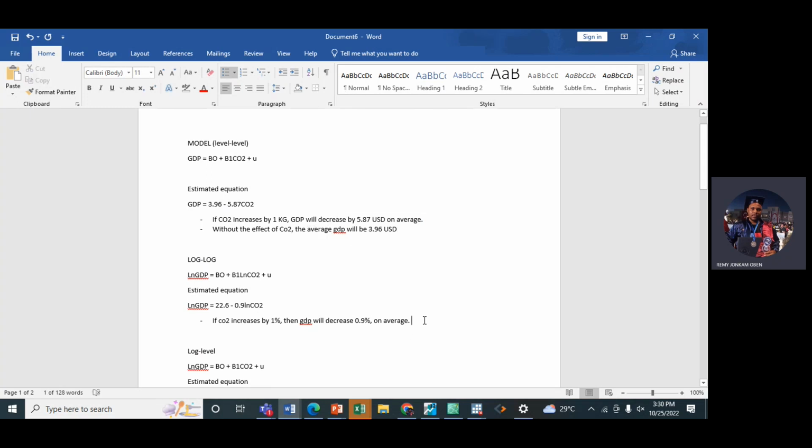So how do we interpret the constant in this case? Here you see the constant. Since here is log, we'll use percentage.